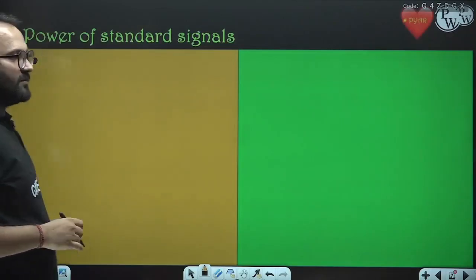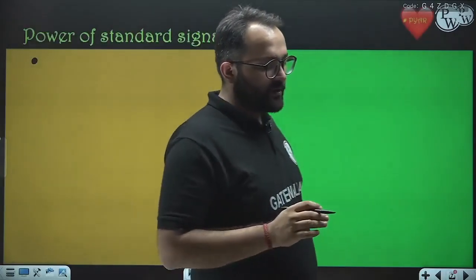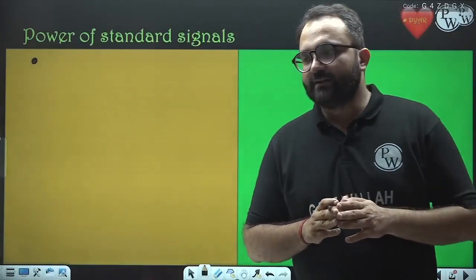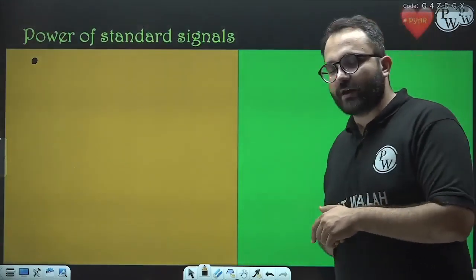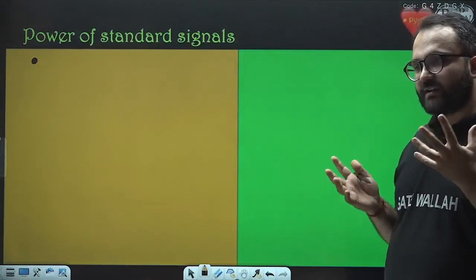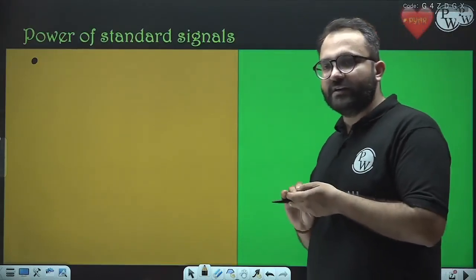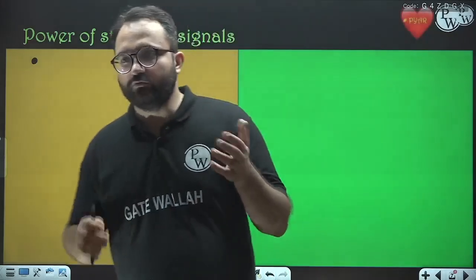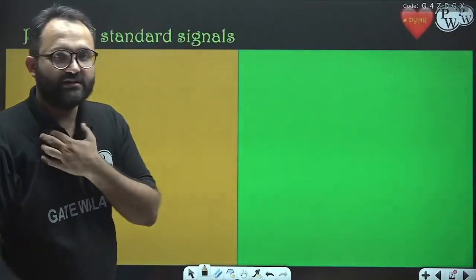One very important point here is that we know about orthogonal signals. Orthogonal signals are those signals where, when we multiply the signals and integrate them, we get zero. That is the orthogonal signal.